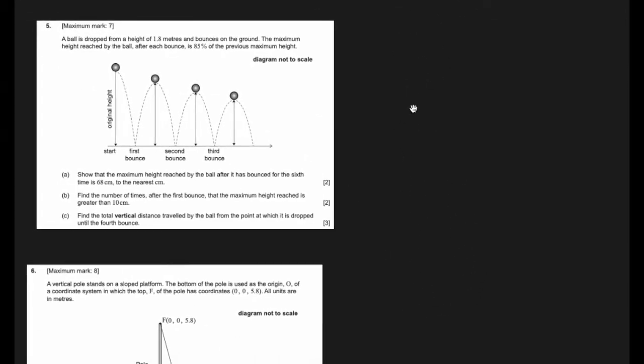Question number 5. In question number 5, a ball is dropped from a height of 1.8 meters. That means this height from here till the ground is 1.8 meters. And it bounces on the ground. The maximum height reached by the ball after each bounce is 85% of the previous maximum height.